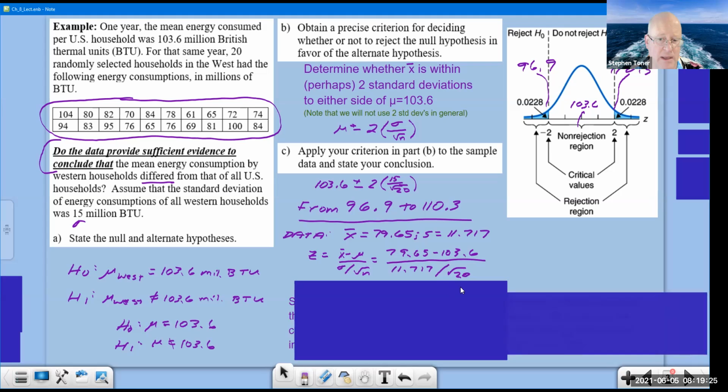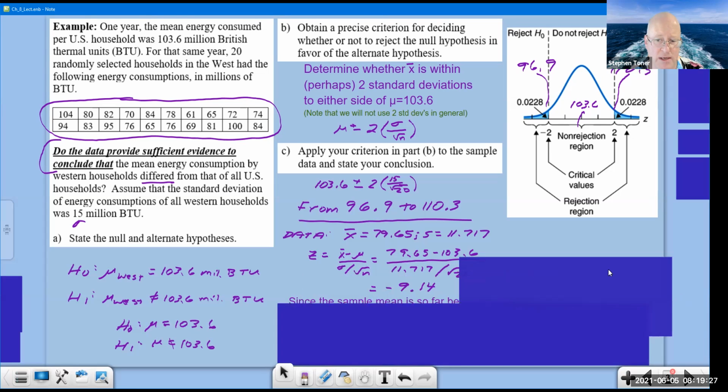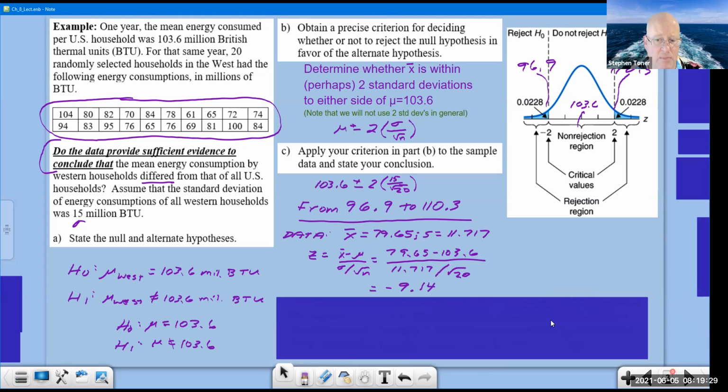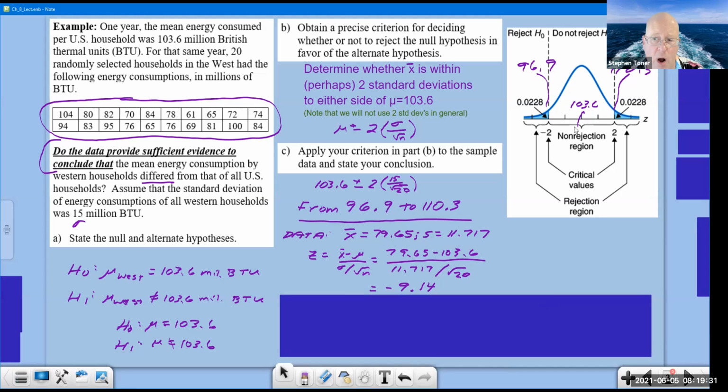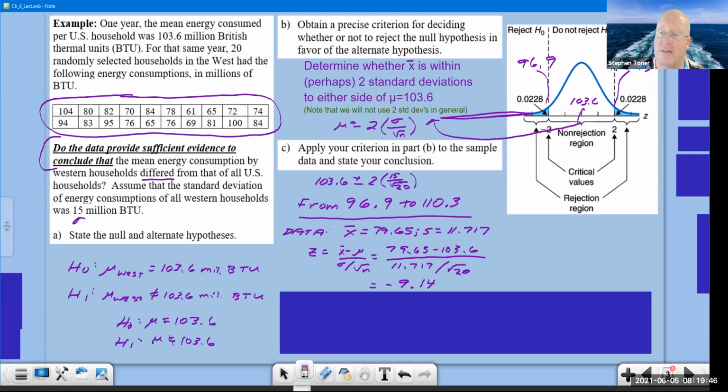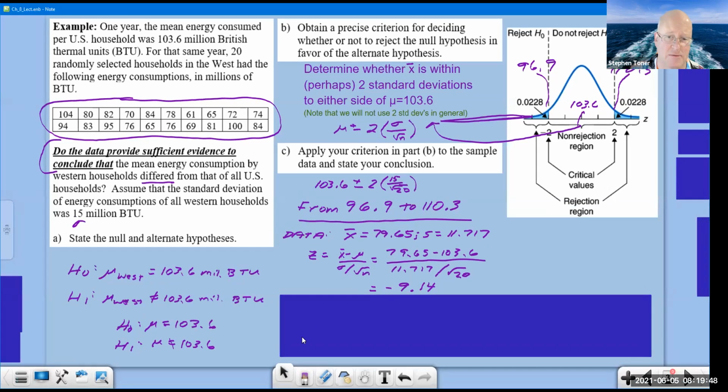And what we end up getting is negative 9.14. Wow, that's more than 2 standard deviations below the mean. That's way off here in this rejection region on the left. So that's going to be strong evidence that says the mean in the West is going to be different.